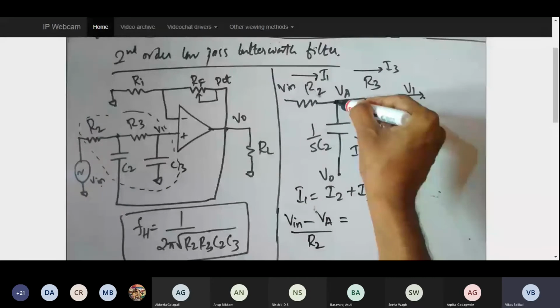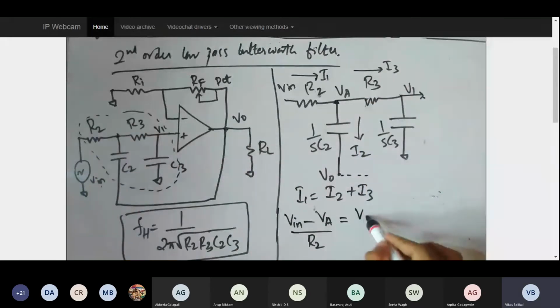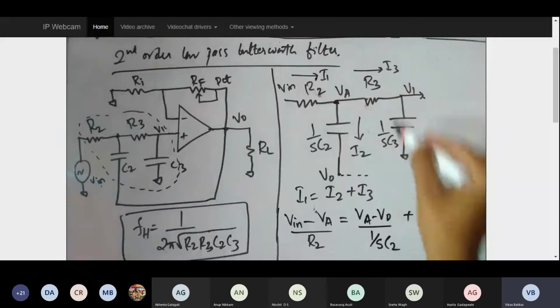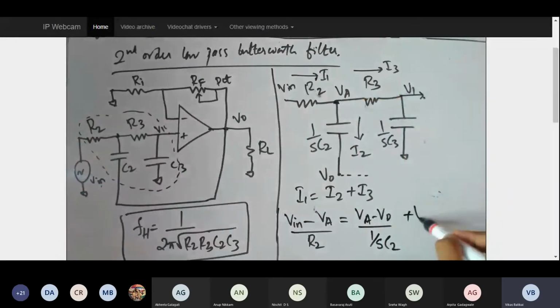So VA minus V0 divided by 1 by SC2. Similarly, I3 starts at VA and ends at V1, so VA minus V1 divided by R3. So this is my equation number 1.